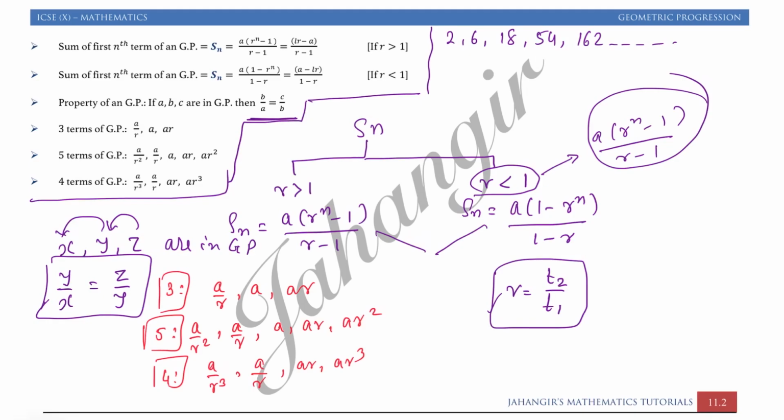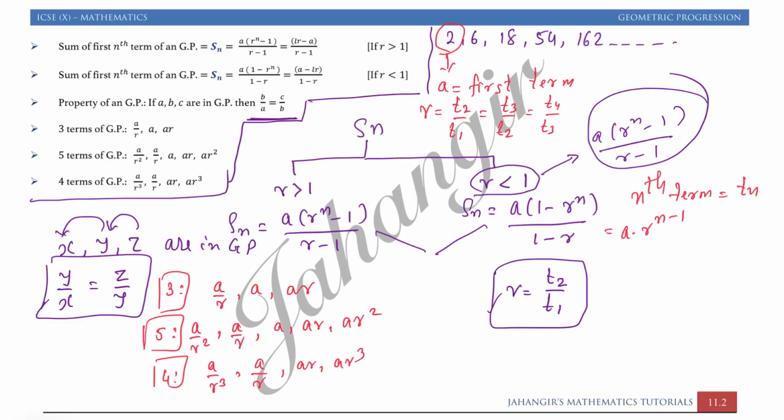In this you have to just remember that the first term is written as A, and the ratio is the second term upon first term, or you can take third term upon second term, or fourth term upon third term. You can take anything. To show it is a GP, you have to show the ratio between the consecutive terms is the same. The formula for the nth term, that we can write as Tn, is A into r raised to n minus 1.